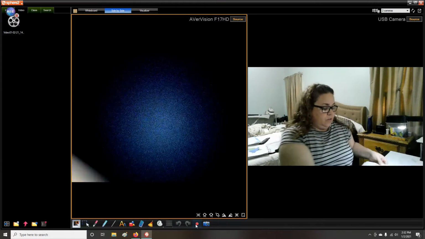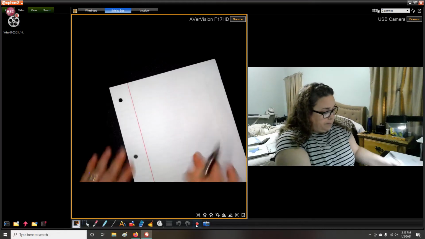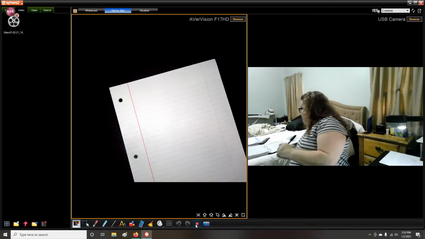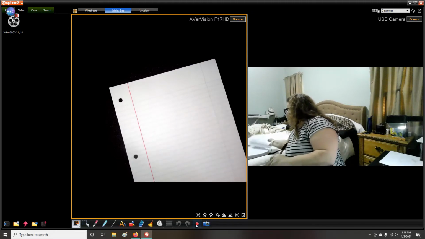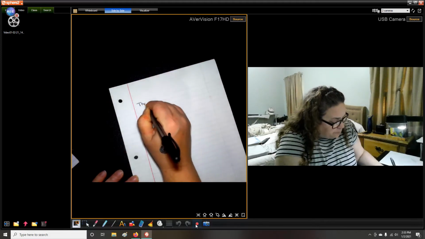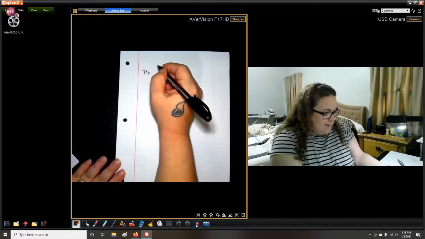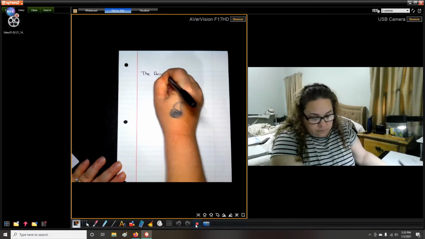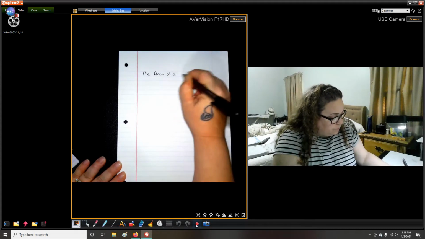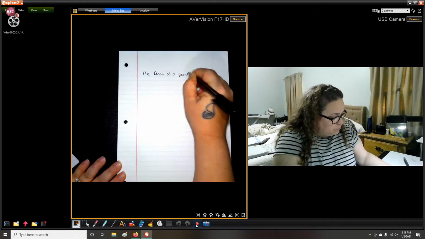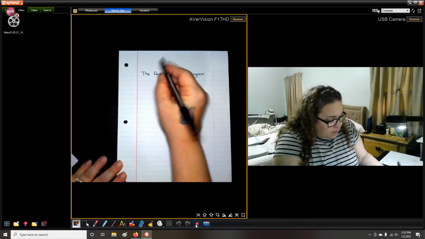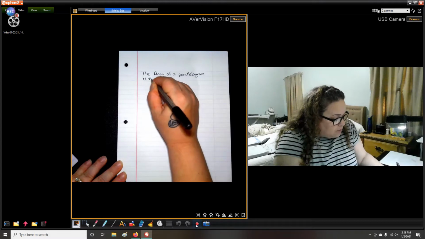Okay? So now, let's talk about that. Back to our notes. So the area formula for a parallelogram: the area of a parallelogram is the product.